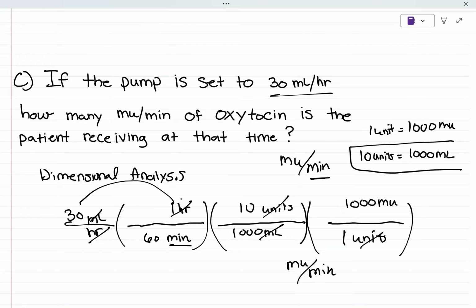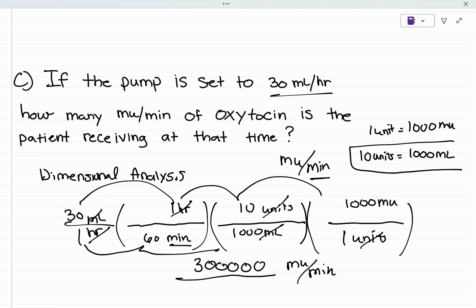So 30 times 1 times 10 times 1,000 is 30,000. 1, 2, 3, 4, 5. And then on the bottom, it's 1 times 60 times 1,000 times 1, 60,000.